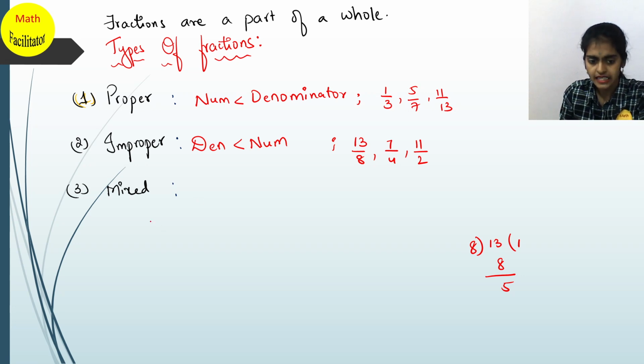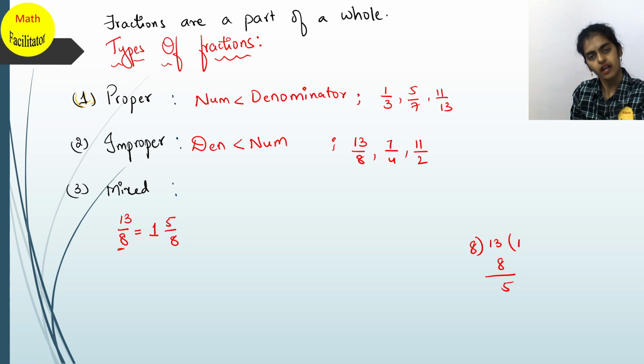Just see, the 13 by 8, I am able to write it with the quotient first, and then you write the remainder as the numerator, divided by the same 8 that is there in the denominator. This is a very important concept, just listen. Here you have two parts: the first part and the second part.